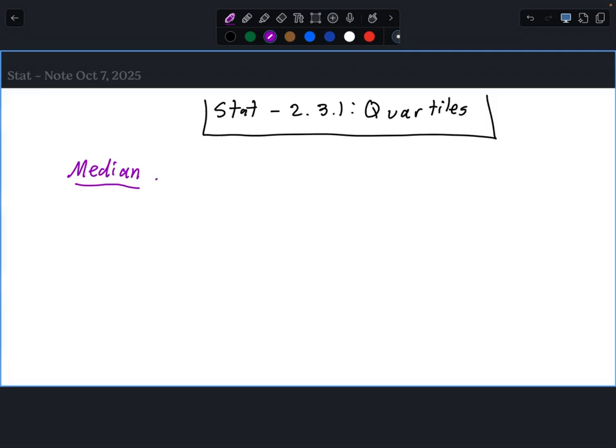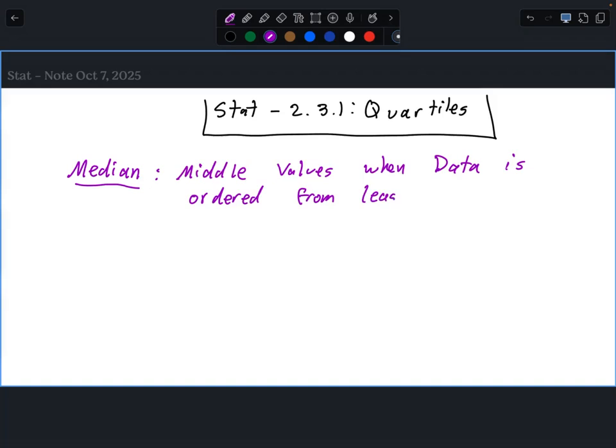So the median is what? How did we explain what the median was again? What did we say that the median is? It is the middle value when data is ordered from least to greatest.